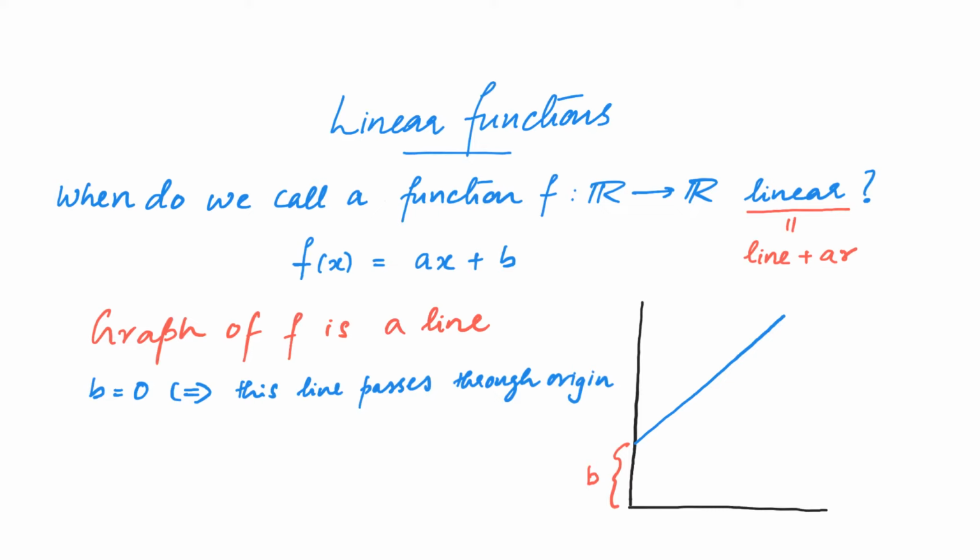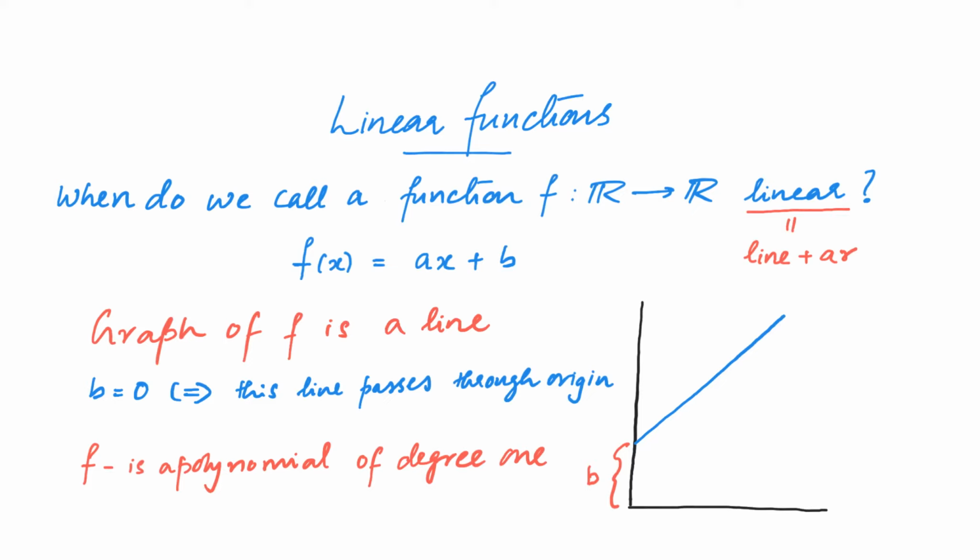There is another speciality of this function f(x) = ax + b. Namely, f is a polynomial. And it is not just any polynomial, it is a polynomial of degree 1. This is pretty much everything that we want to know about linear functions from R to R.